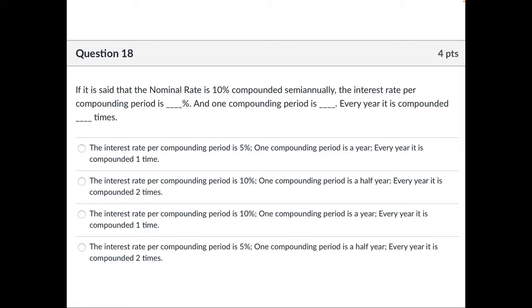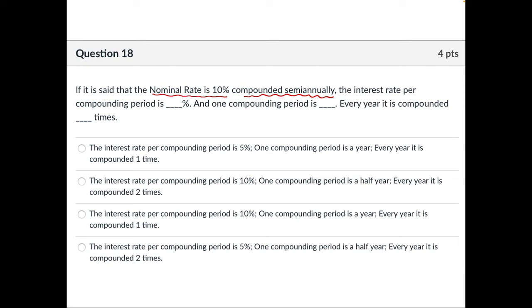Okay, question 18. If it is said that the nominal rate is 10% compounded semi-annually, okay? Nominal rate is 10%. It's always annual interest rate. But it's compounded semi-annually. So it's compounded every half year. So every year is compounded twice. The interest rate per compounding period is gonna be what?